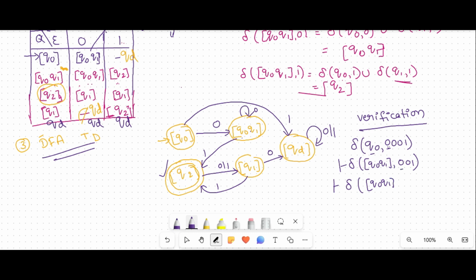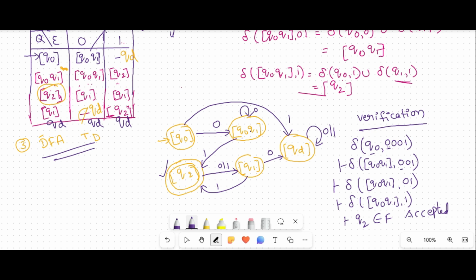This 0 you have processed, so we write only 1. Then delta of Q0 Q1 with 1 is Q2, which belongs to the final state. Accepted. Hope you understand, students.